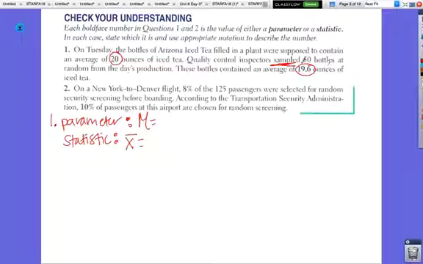These 50 bottles contained an average of 19.6. Because these bottles were sampled from the entire population, the 19.6 represents the average for our statistic, our sample, which means that the 20 ounces at the beginning of the problem has to do with the population. The 20 is in ounces of iced tea, and the 19.6 is also in ounces of iced tea.